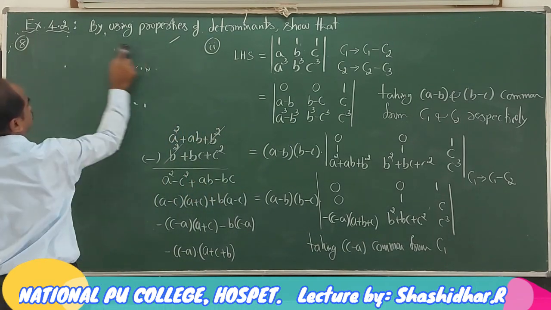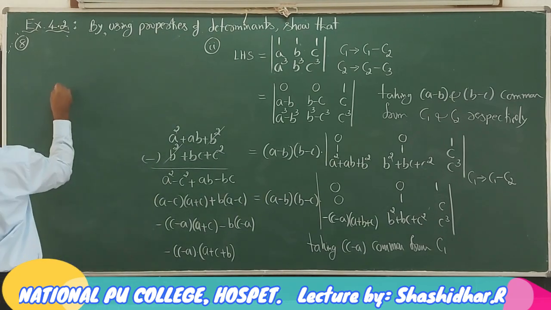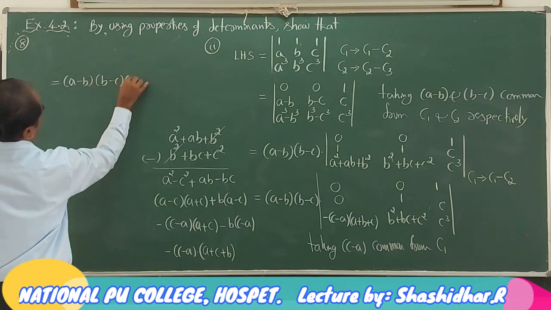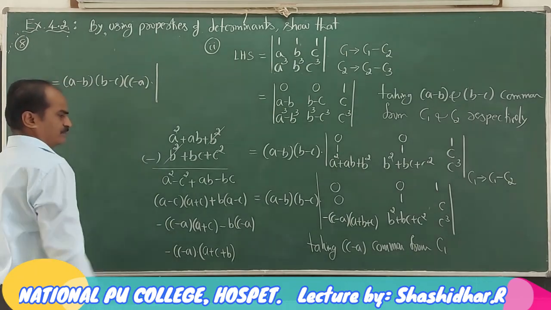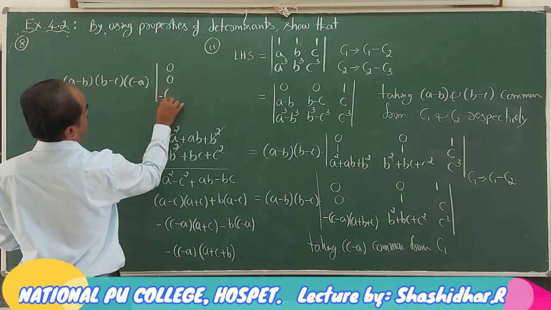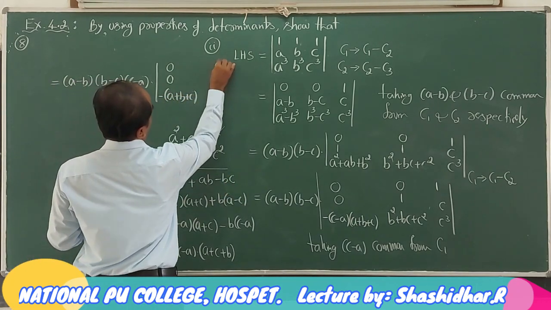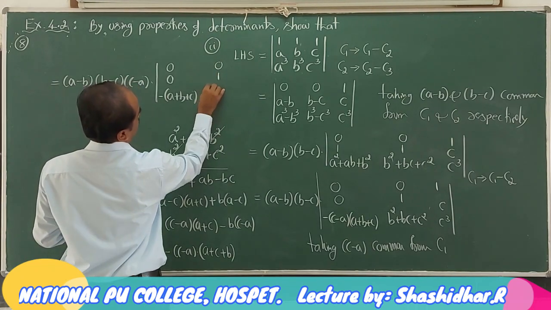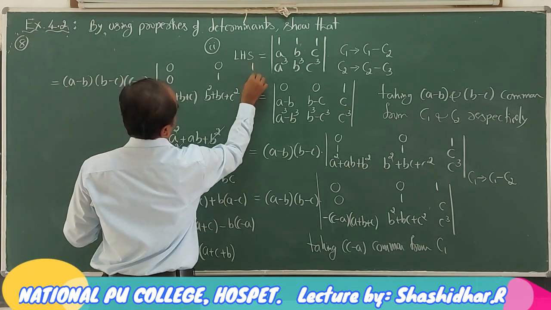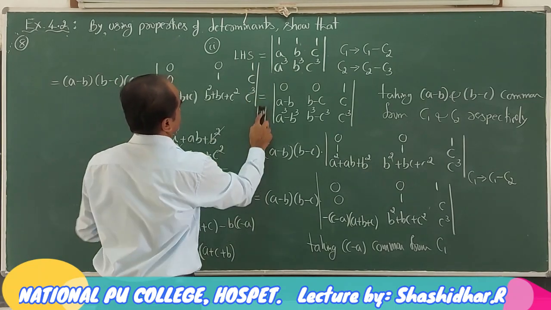By this you are going to get A minus B, B minus C, C minus A into determinant: first column 0, 0, minus of A plus B plus C; second column 0, 1, B square plus BC plus C square; third column 1, C, C cube. This is what we get.